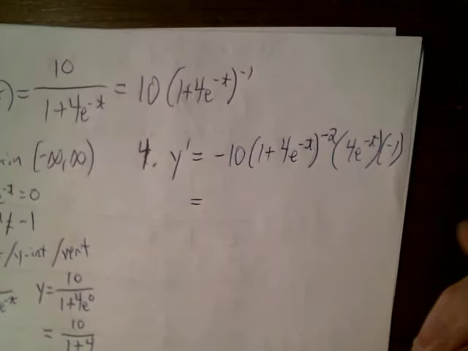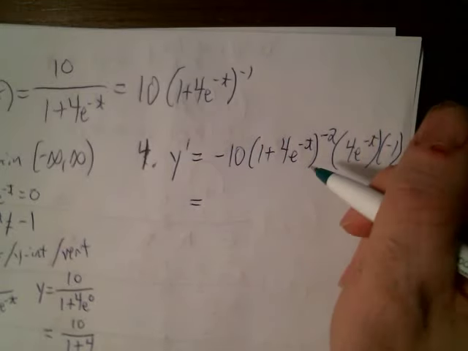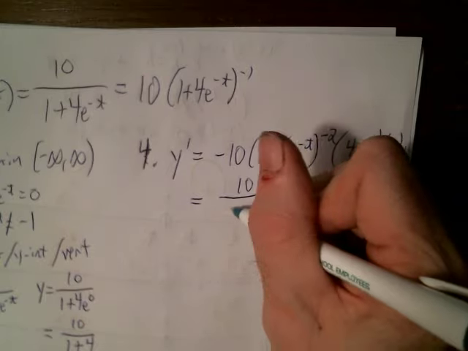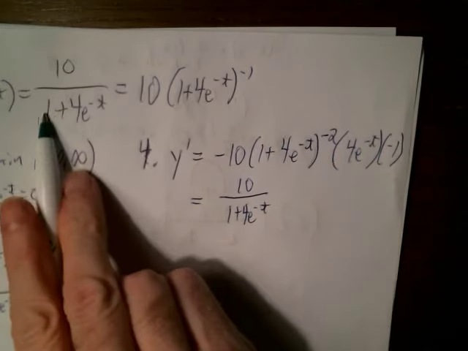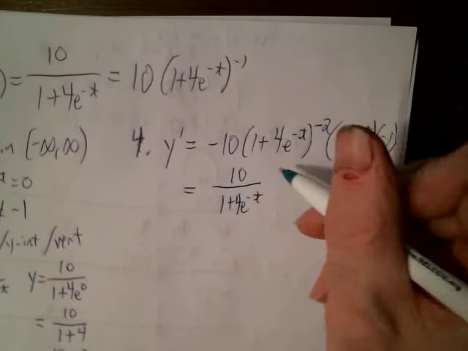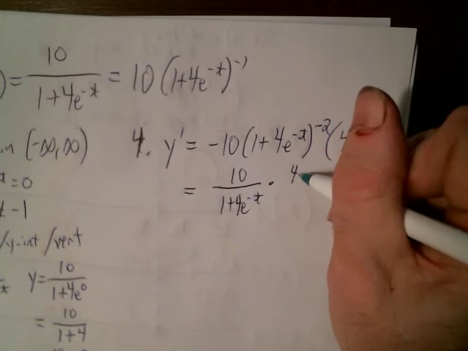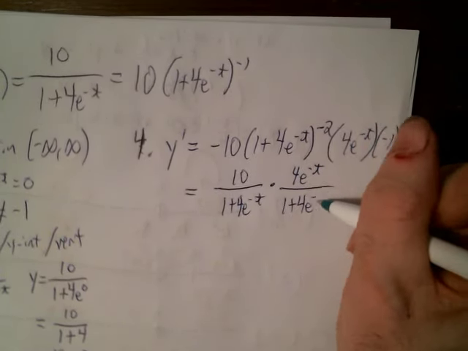Okay, so this will clean up a little bit. It'll look like the following. 10 all over 1 plus 4e to the negative t, which is just y, times 4e to the negative t all over 1 plus 4e to the negative t.